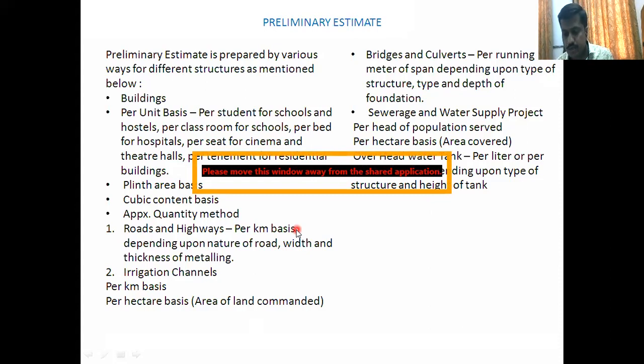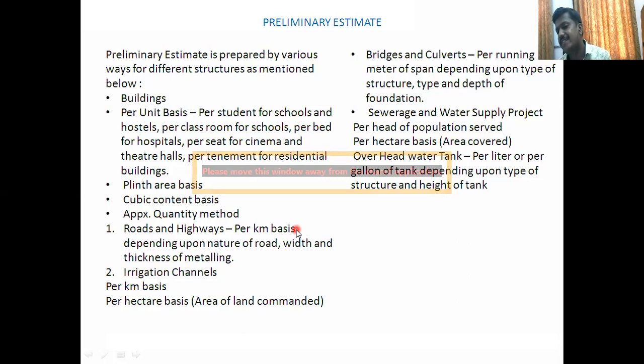There are two ways to construct a canal, and I think everybody is familiar with this: lined canal and unlined canal. What is a lined canal and what is an unlined canal? Can you tell me the answer?